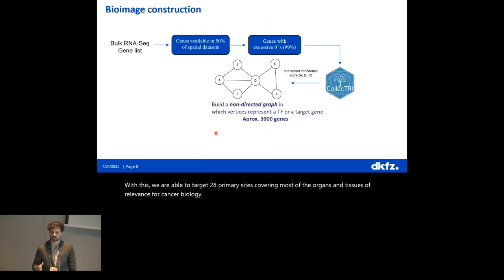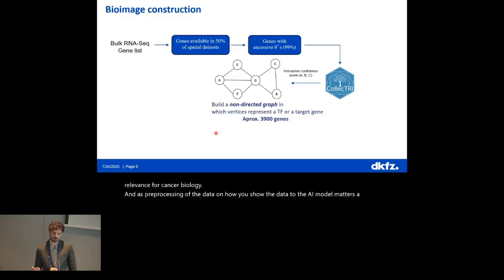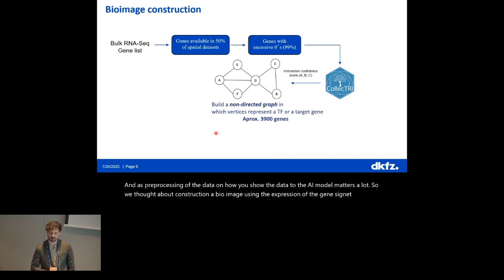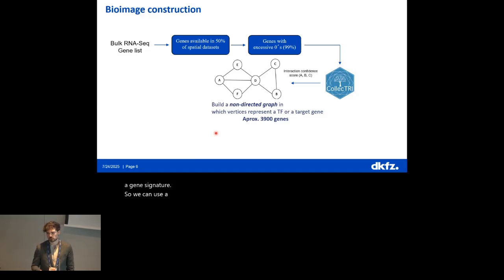And as you know, pre-processing of the data and how you show the data to the AI model matters a lot. So we thought about constructing a bioimage using the expression of a gene signature, so we can use a convolutional model to classify the primaries.